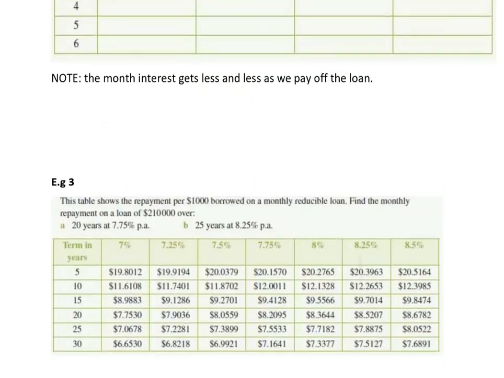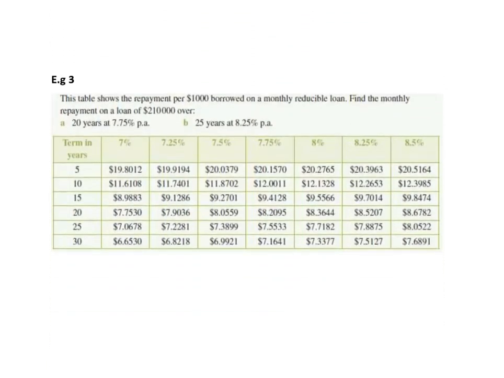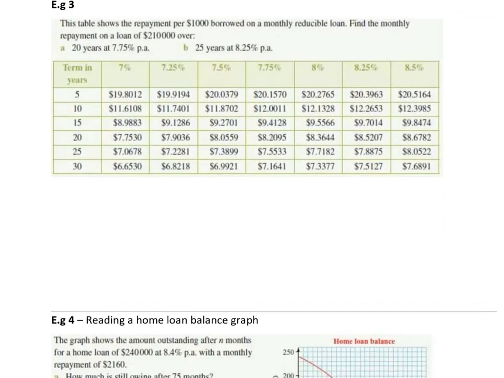Alright, just a couple more examples. Reading a table. So this table shows the repayment per $1,000 borrowed on a monthly reducible loan. We're trying to find out the repayment on a loan of $210,000 at these different conditions.